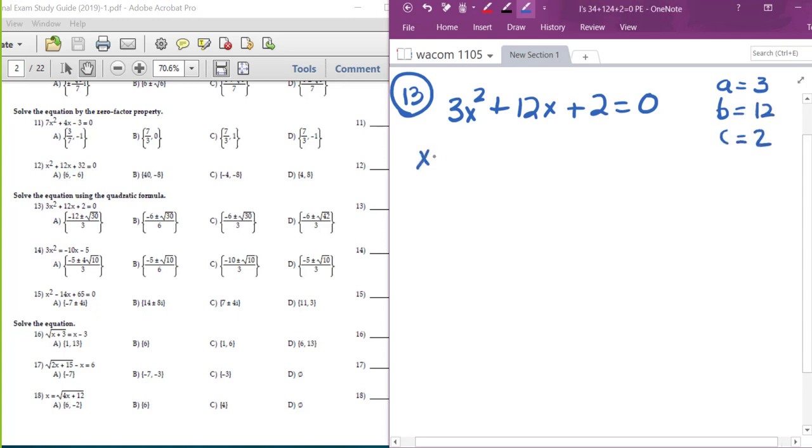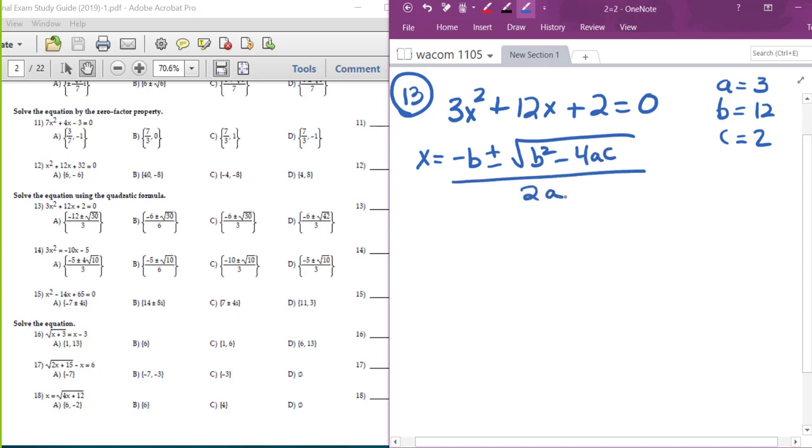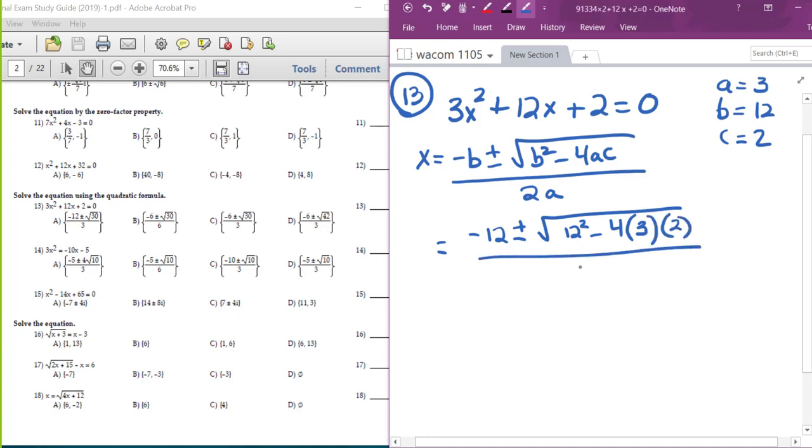So x is equal to -b plus or minus the square root of b squared minus 4ac all over 2a. So we're going to plug in -b. So -12 plus or minus 12 squared minus 4 times 3 times 2 all over 2 times 3.